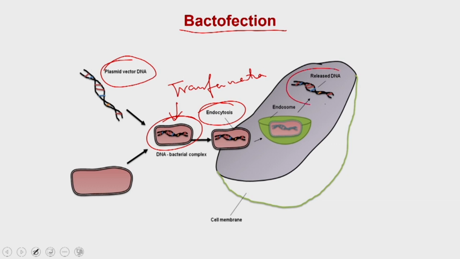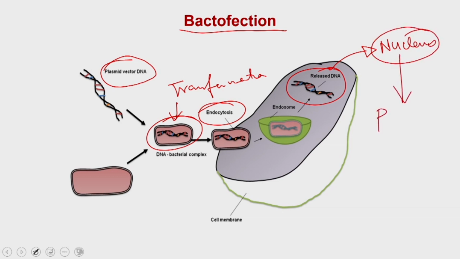In either of these scenarios, this released DNA then reaches the nucleus and it is going to express the gene, and that will produce the protein.